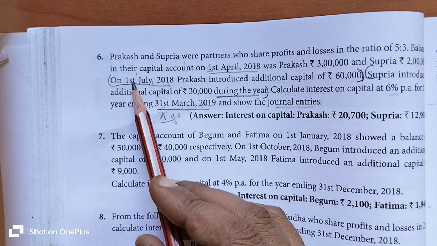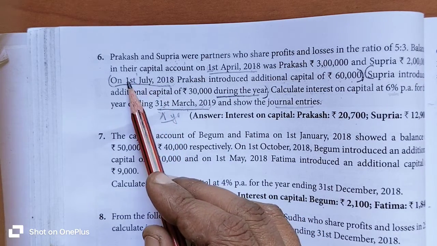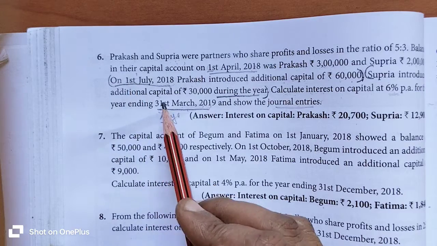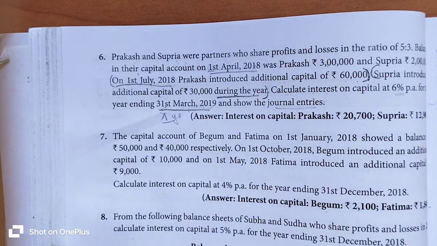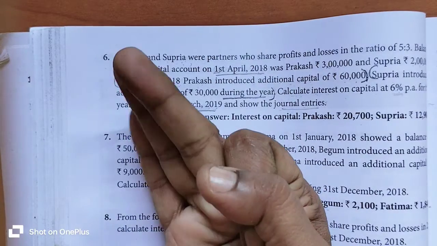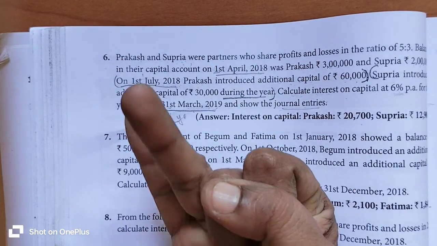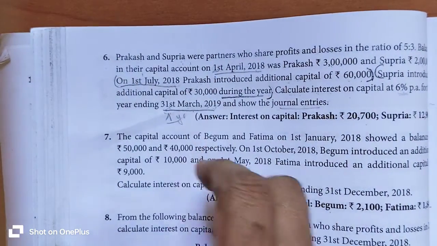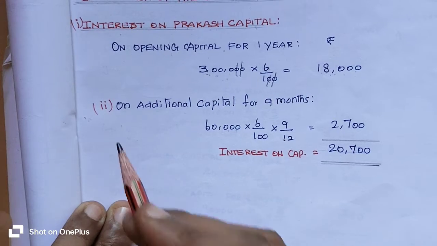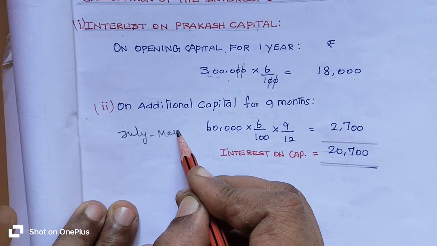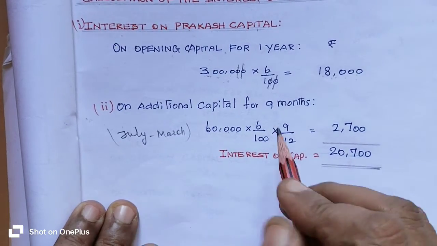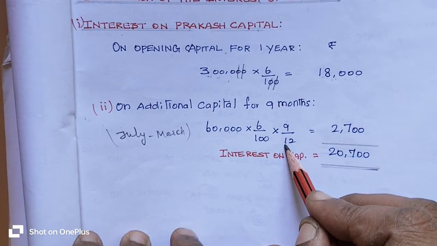So how many months? 1st July means July month fully, 31st March means March month fully. From July to March: July, August, September, October, November, December, January, February, March, totally 9 months.